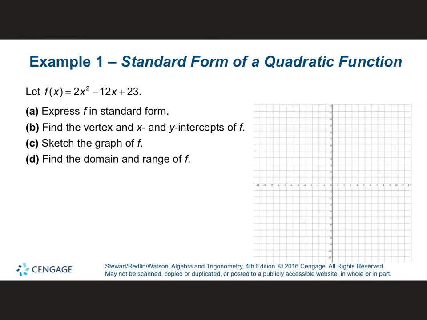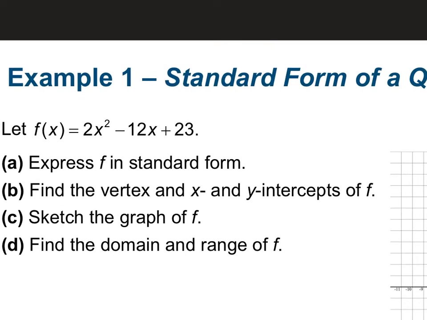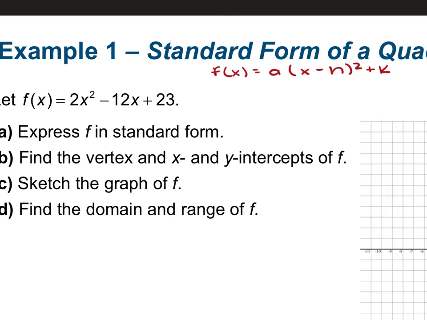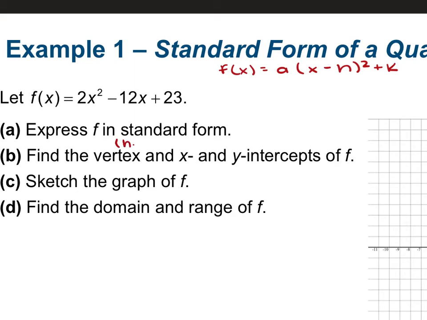So you want to remember standard form, you want this in the form of f of x is equal to a times x minus h squared plus k. So that vertex is going to be the ordered pair h comma k, and your x-intercept is the ordered pair something comma 0, and then your y-intercept is 0 comma something.